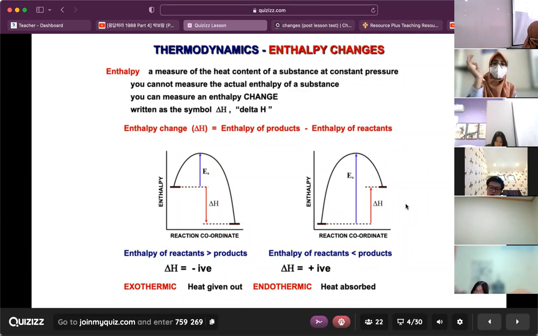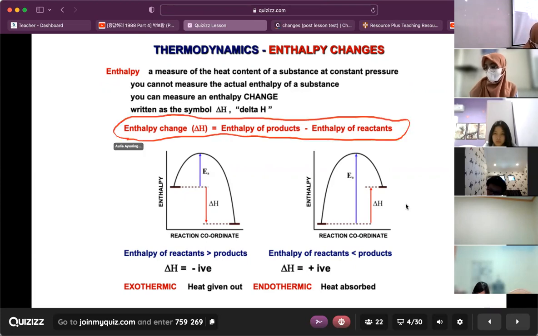We cannot measure the enthalpy of hydrochloric acid. But what we can measure is hydrochloric acid mixed with sodium hydroxide, which is the enthalpy change of neutralization. Okay, so we can only measure the change in enthalpy. Enthalpy change is generally written as enthalpy of products minus enthalpy of reactants. This is the general formula to calculate enthalpy change.